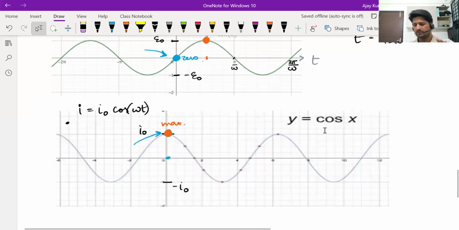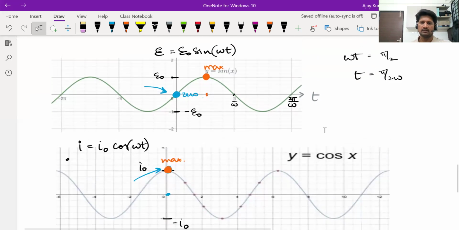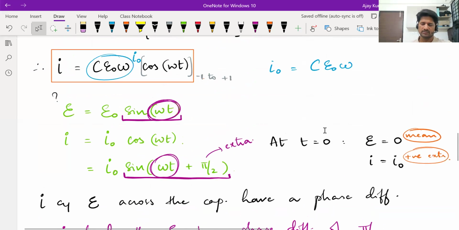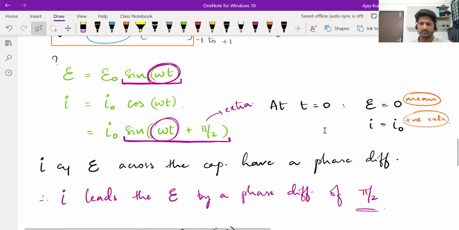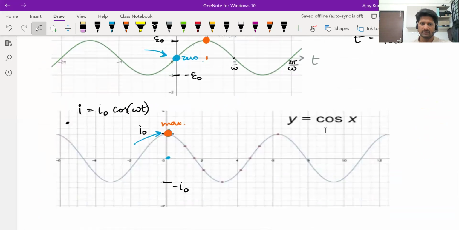So this is what happens in a capacitor. When you apply an alternating voltage across it, the current through the capacitor will always have some phase difference with the voltage that you apply, and that phase difference will be pi by 2. Means when EMF is 0, current will be at its extreme. When current is 0, EMF will be at its extreme. That also you can see here in this graph.